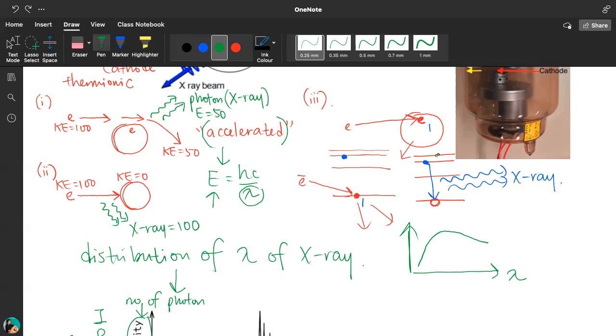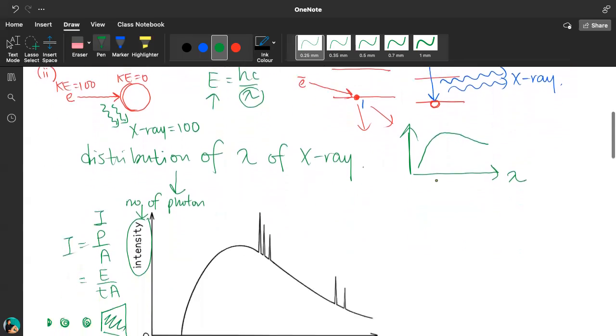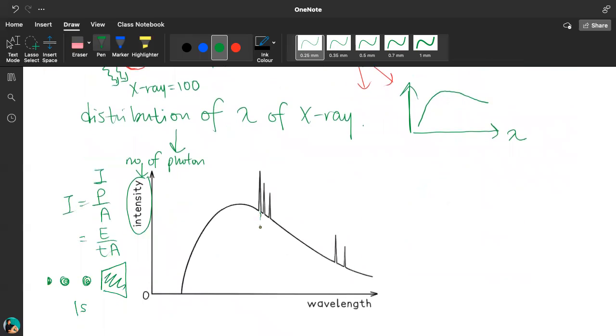Because you have specific energy level, right? So when the high energy de-excite, they only give out specific wavelength. That's why you see only specific wavelength has the spike here. This is like when the electron de-excites, they give out specific wavelength. So only specific one you see spiking. Okay, so here and here. So this is due to case number 3. The continuous profile is due to case number 1.